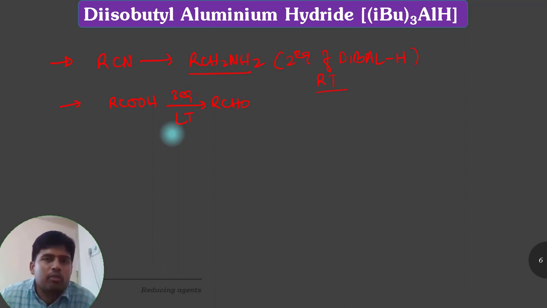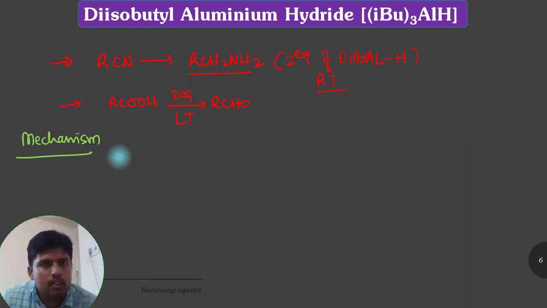Let us look at the mechanism for 2-3 reactions that will give an idea how exactly the action of DIBALH takes place in reduction reaction. Suppose we have aldehyde. It should convert aldehyde to alcohol.